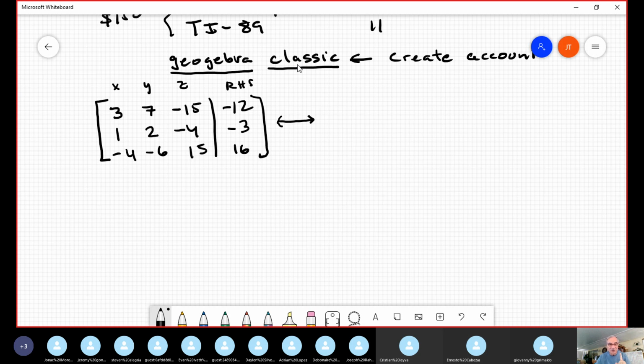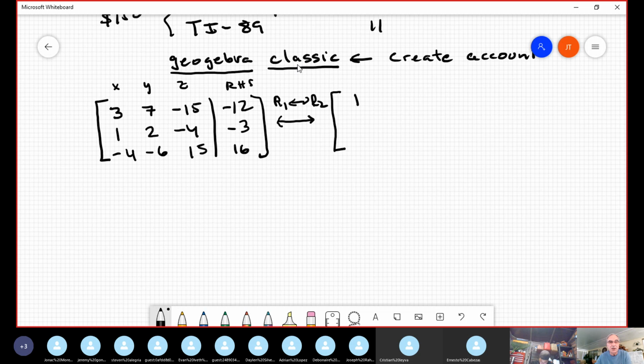Then my first goal is to create the first pivot, which is here. But it's 3, wow, no good. So you can divide by 3. 3 divided by 3 is 1, 7 divided by 3, oh, it's a fraction. I don't like fractions. Much better, in my opinion, is to interchange row 2 and row 1. So interchange row 1 and row 2 in order to create the pivot 1.